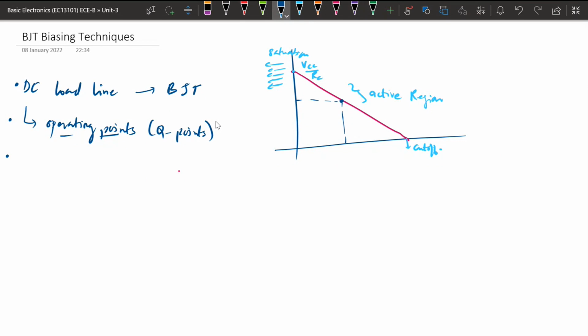Okay, so based on the operating point of the BJT, we will be going with different biasing conditions in case of BJT circuits. There are different biasing techniques available in case of BJTs. So we will be seeing next what the different biasing techniques are.